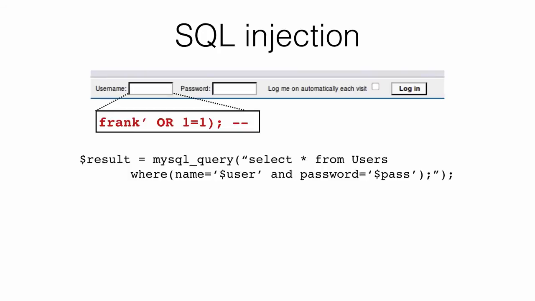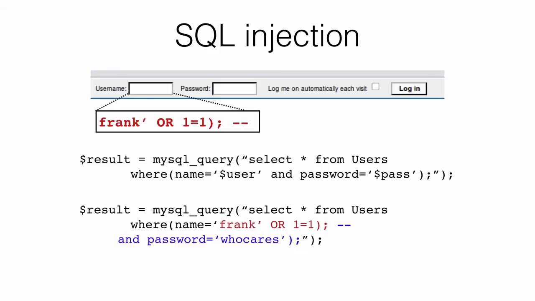This text is going to be substituted in for the $user field inside of the query that's being constructed as a string in the MySQL query call to the database. After substitution, this is what the string will look like. I'll take the Frank close quote and stick it in for user along with everything else, or 1 equals 1, semicolon, dash dash.